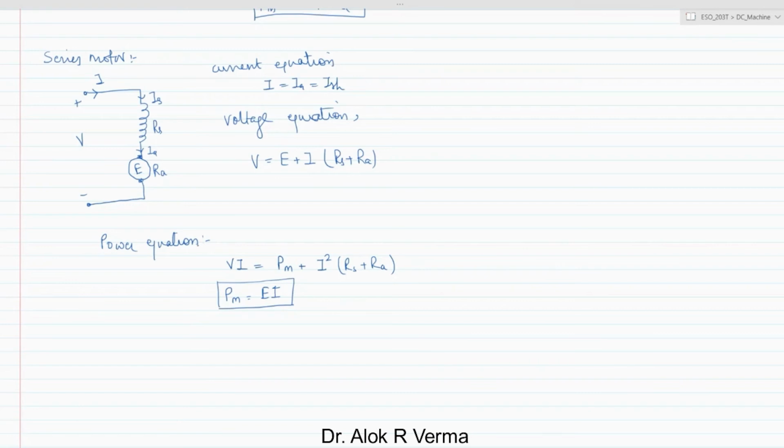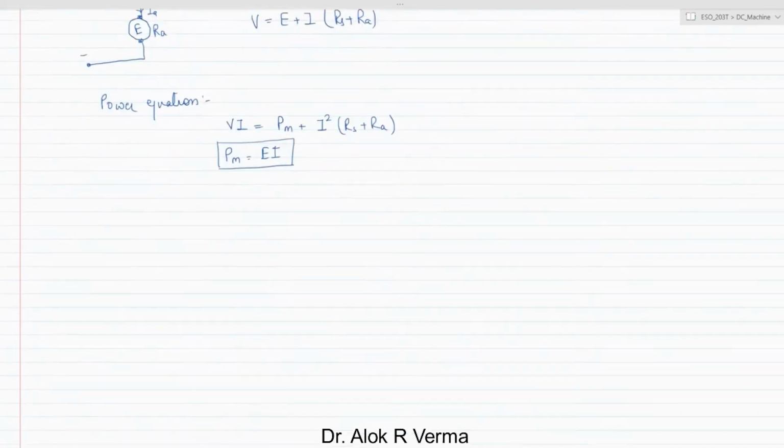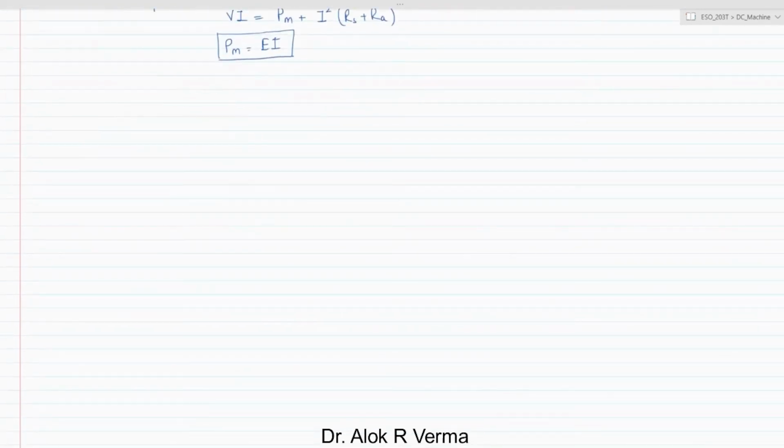Before going to the characteristics, let us just recall the armature reaction in the DC motor. Before we go to the other part of the characteristics, first let us understand the armature reaction in a DC motor.